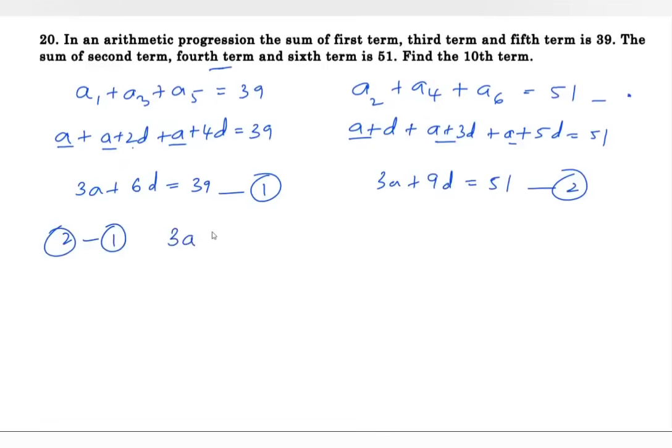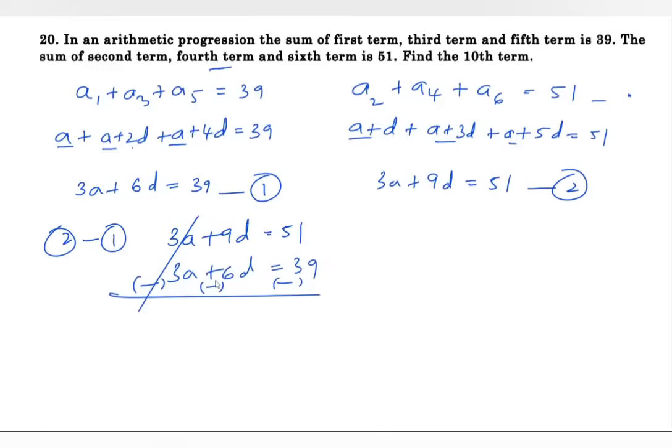What we get? 3a plus 9d equals 51, and 3a plus 6d equals 39. In the subtrahend all the signs will be changed. Now 3a minus 3a will cancel out. 9d minus 6d is 3d. The same way 51 minus 39 is 12.